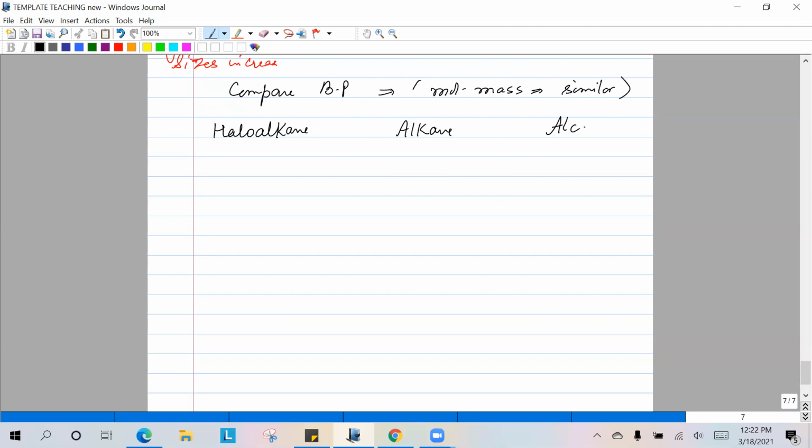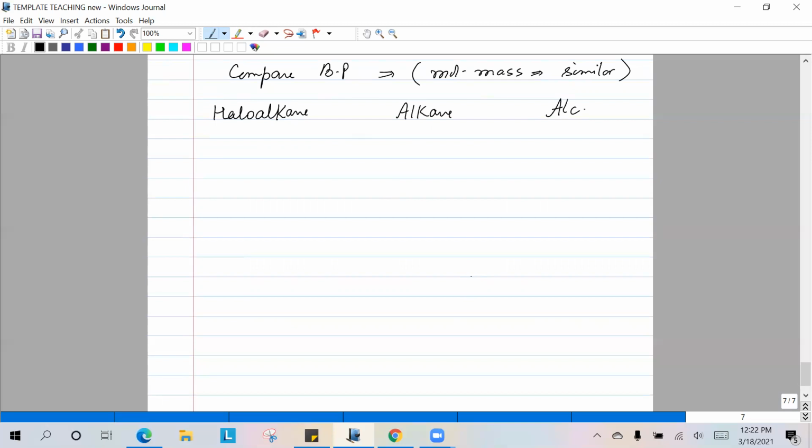Because if the molecular mass is changing, then we can simply say that more molecular mass means larger surface area. But here, these belong to different homologous series. So assuming that we are taking examples where the molecular masses are the same, we want to understand which of them has a higher or lower boiling point.